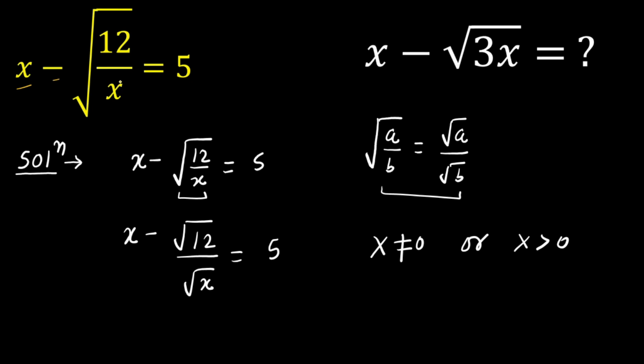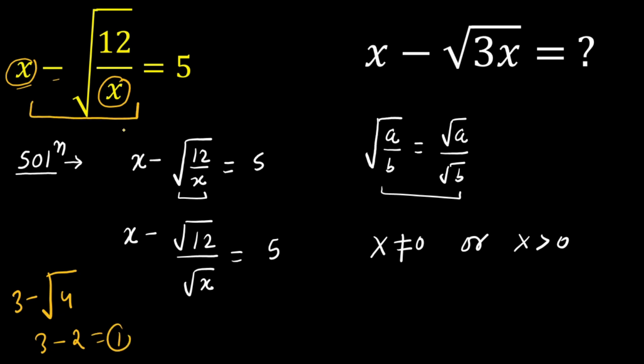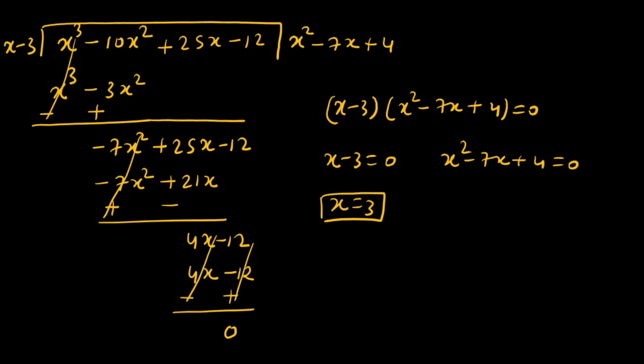If we put x equals 3 here, then 3 minus square root of 12 over 3, that is 4, and 3 minus square root of 4 is 2, and 3 minus 2 is 1. So the left hand side is 1 if you put x equals 3, and the right hand side is 5. So that's why x equals 3 is not a solution of the given equation.